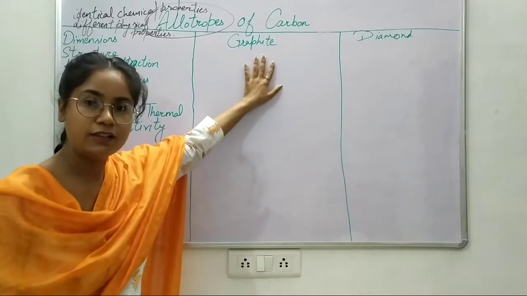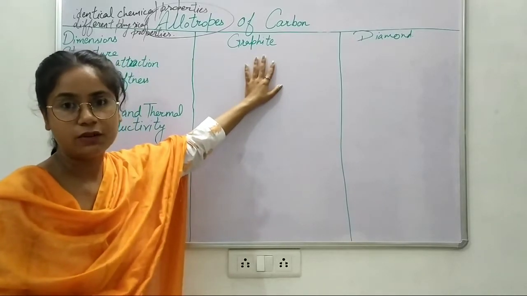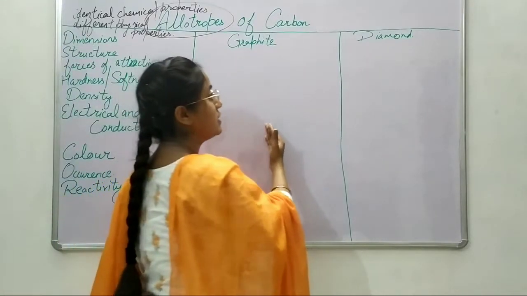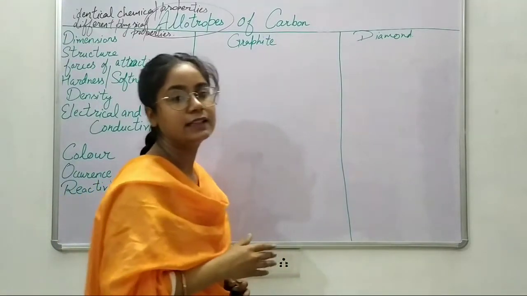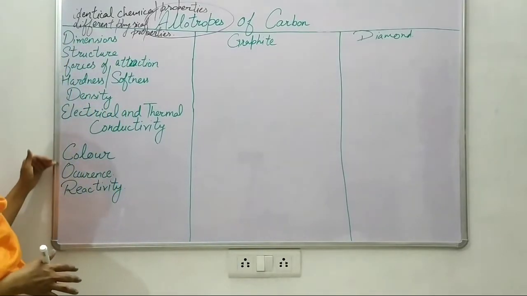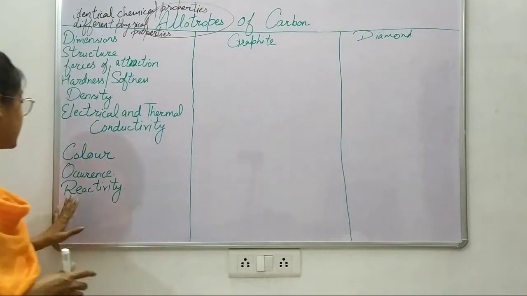Graphite is naturally found in our environment, but the structure of graphite is way different from that of diamond, and because of that these two have different physical properties. Today we are going to discuss that.